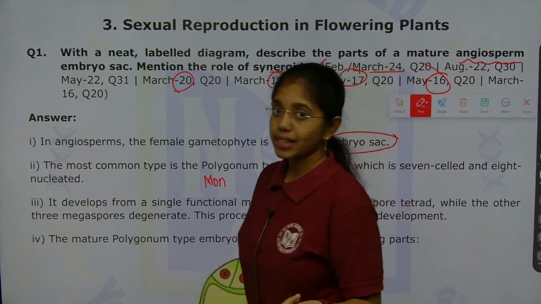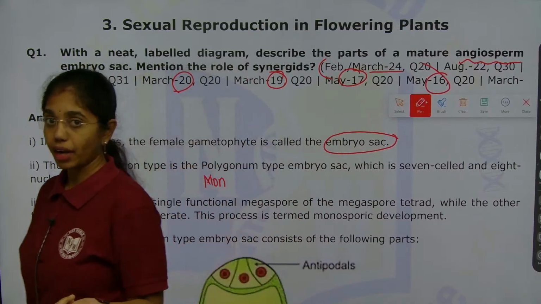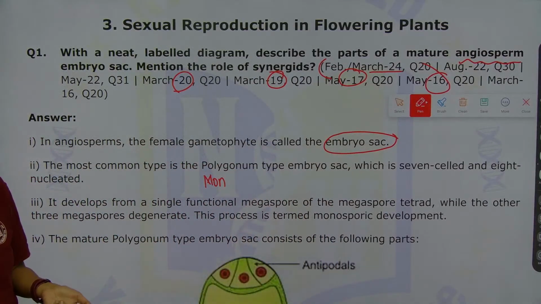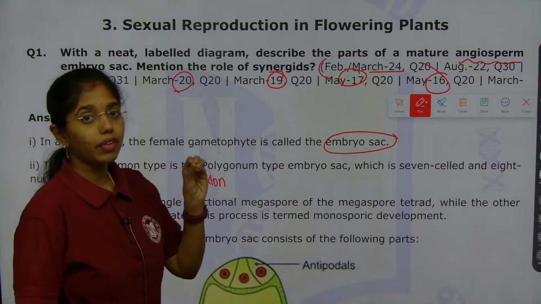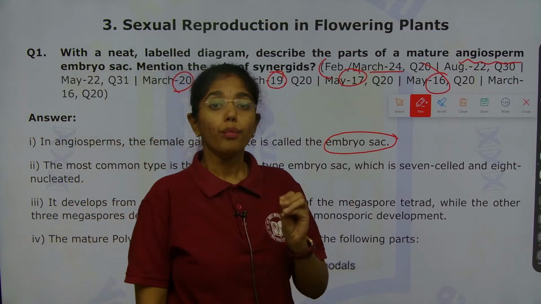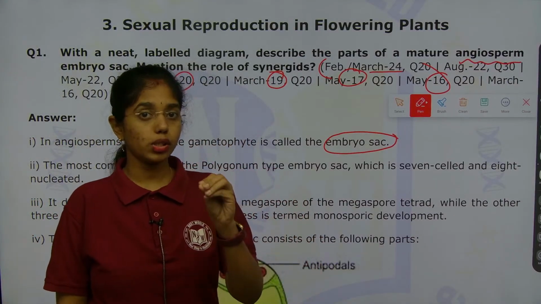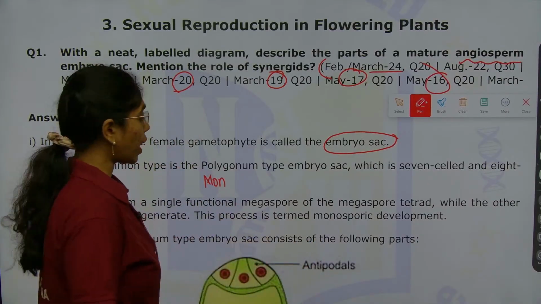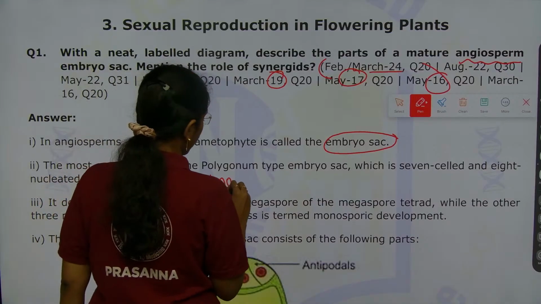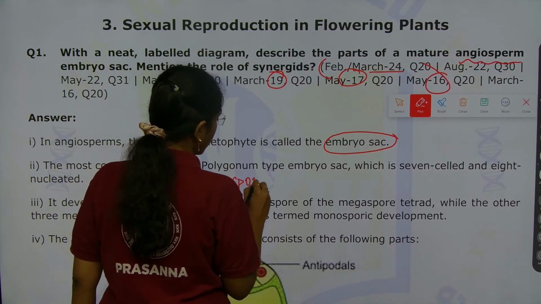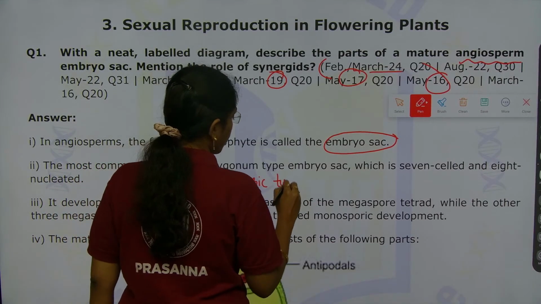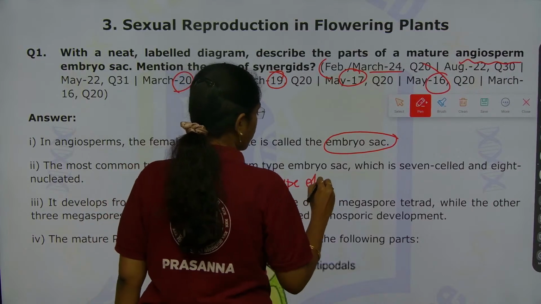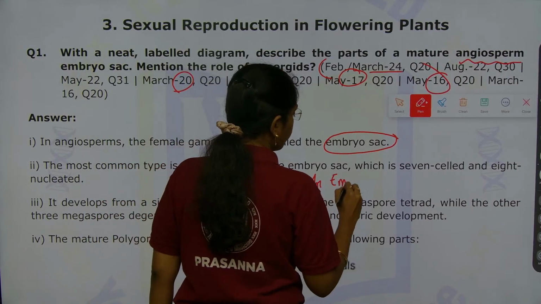For bisporic you can take the example of Allium, and for tetrasporic the example of Adoxa. But most of the angiosperms follow monosporic type of embryo sac development, which is also called polygonum type of embryo sac.